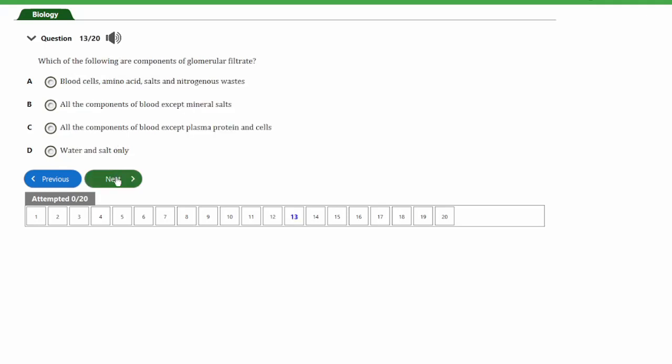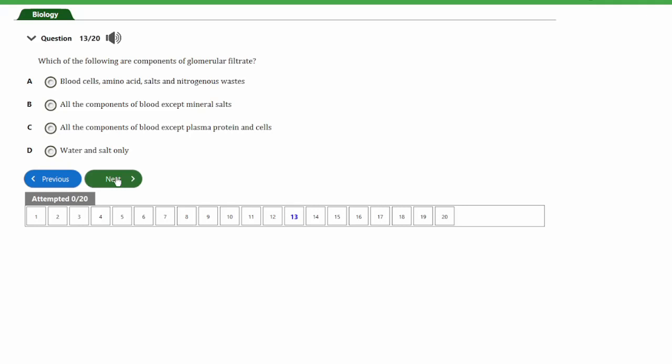So let's look at the next question, and that's question number 13. The question says, which of the following are components of glomerular filtrate? A. Blood cells, amino acids, salt, and nitrogenous waste. B. All the components of blood except mineral salts. C. All the components of blood except plasma protein and cells. D. Water and salt only.